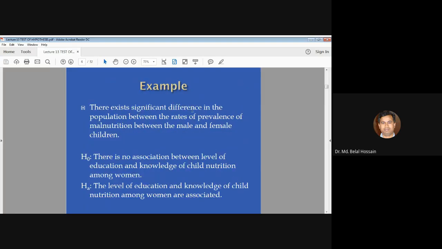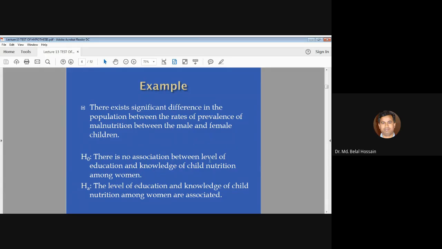There exists significant difference in the population between the rates of prevalence of malnutrition between the male and female children. This is another hypothesis, that we have seen in Bangladesh there is a significant difference in malnutrition between male and female children. This gender equity has improved a lot in our country, but still it has some way to go.